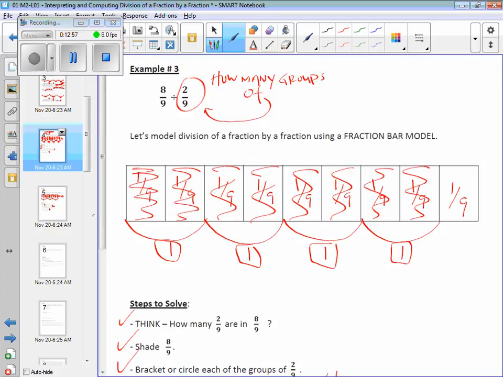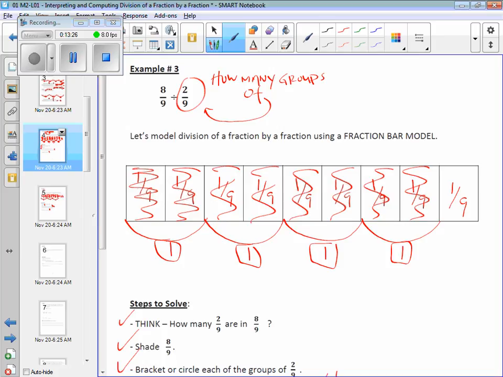Say it again, because I want to make sure I'm understanding clearly. When we did 8/9 divided by 2/9, the answer was what? And then what did you do here? He's got it. He's essentially got it.